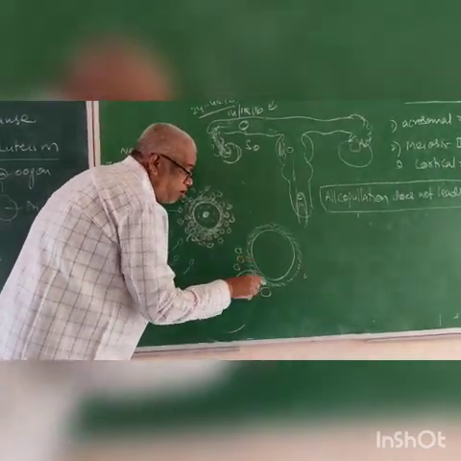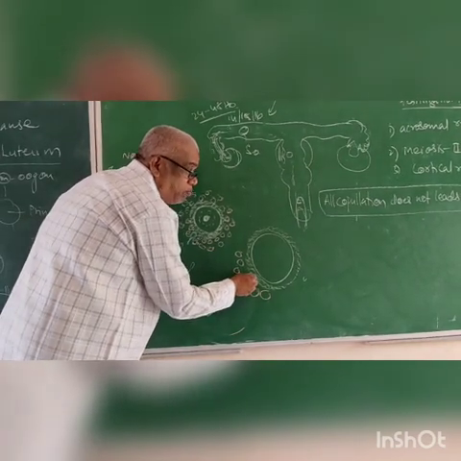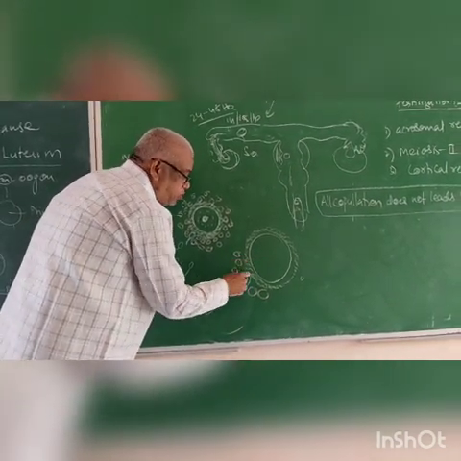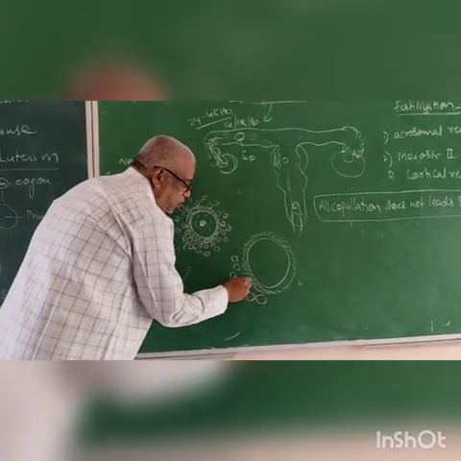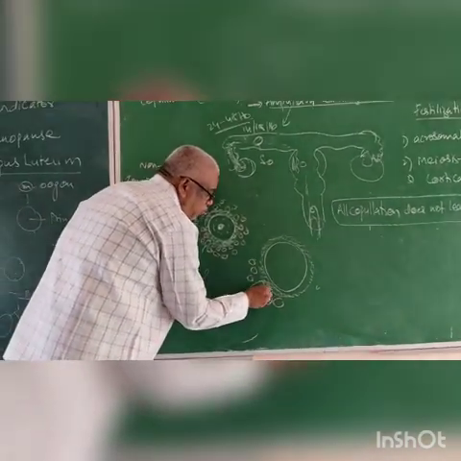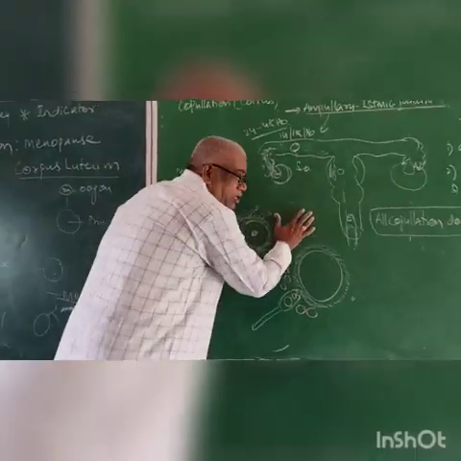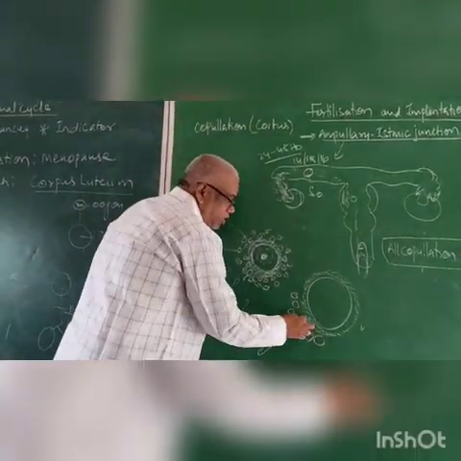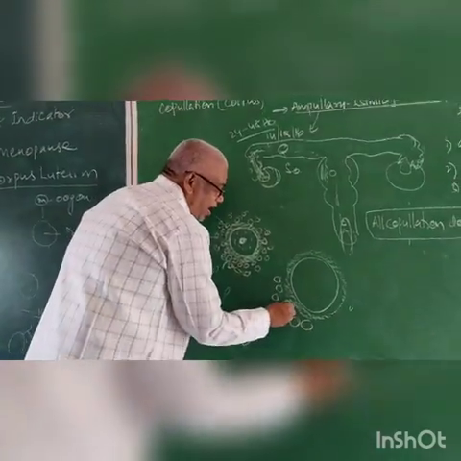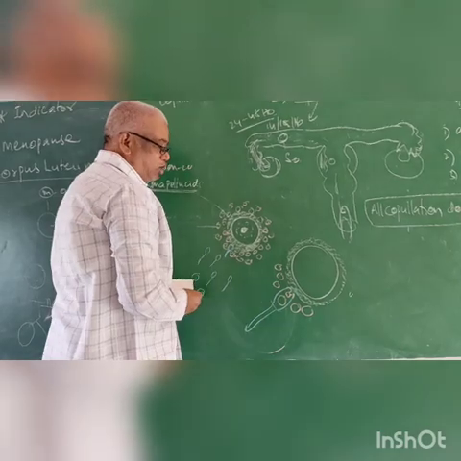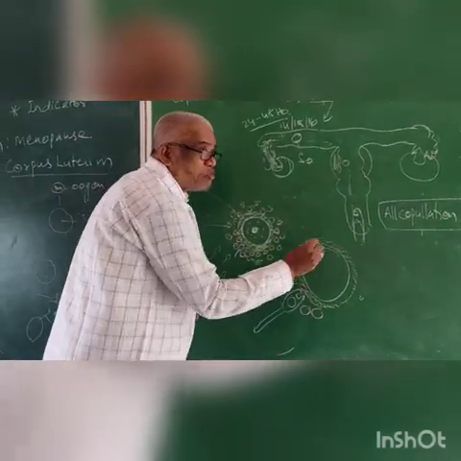The plasma membrane of the tip of the head touches the zona, hence it undergoes invagination, due to hitting. Then invagination and touching. What is this? Acrosome. Then the acrosome will rupture.